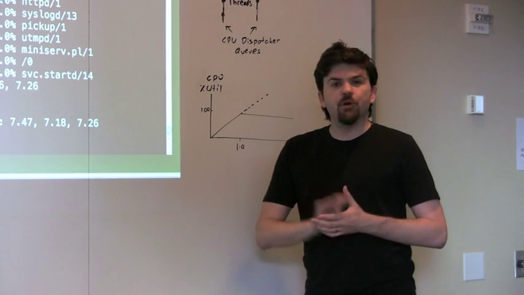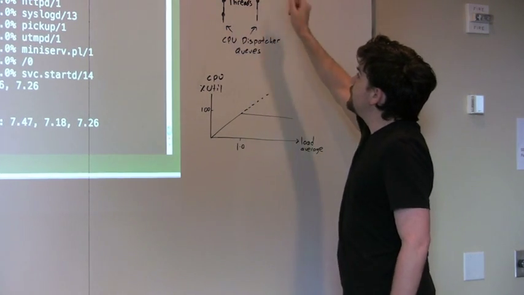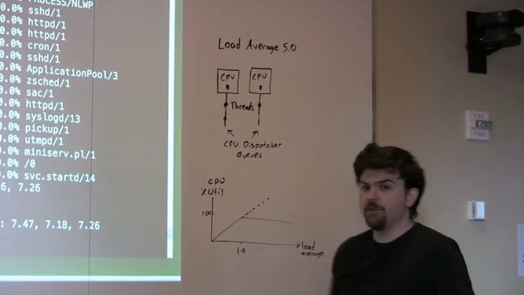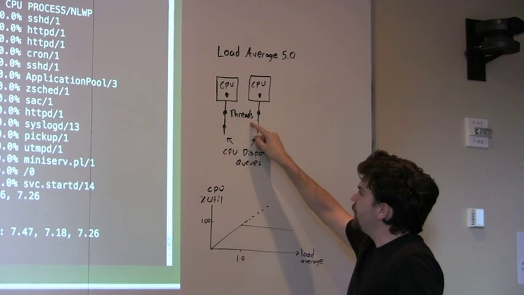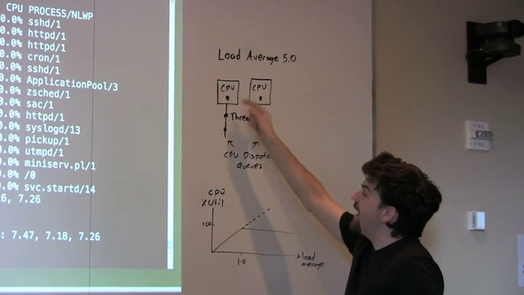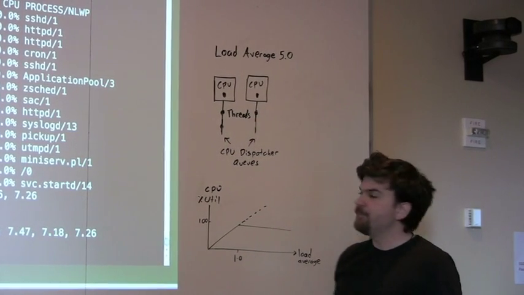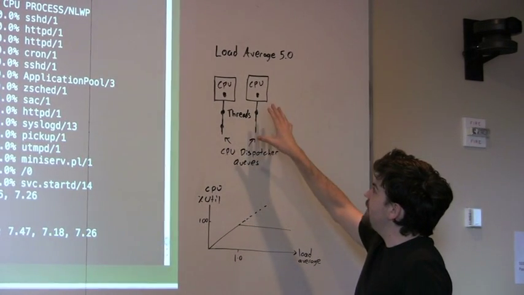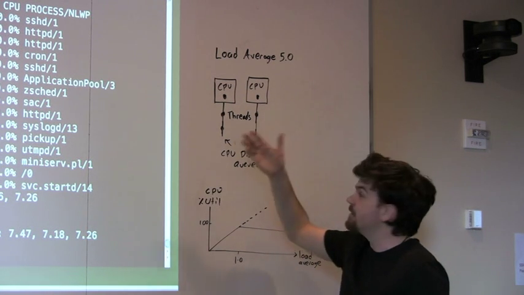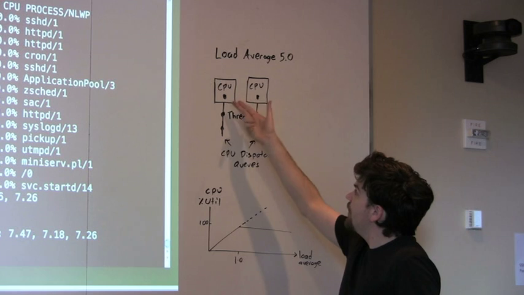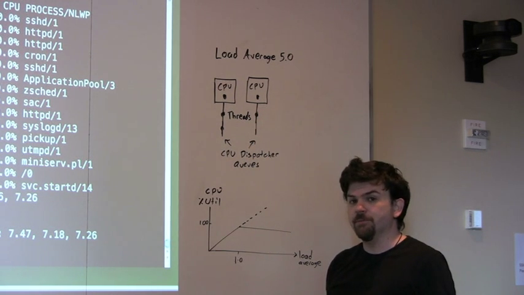This becomes a little more complicated for a multiple CPU system. So here I've drawn up a 2 CPU system that's running with a load average of 5.0. I've drawn a thread as a dot. Each CPU has 1 thread running on it, and there are 3 threads that are queued up. So if that was steady state over time, the load average here is 5.0, which tells us there is 1 thread always on each CPU, and on average there are 3 threads that are queued.